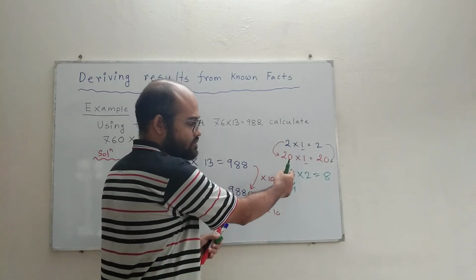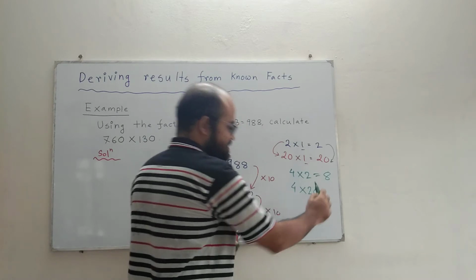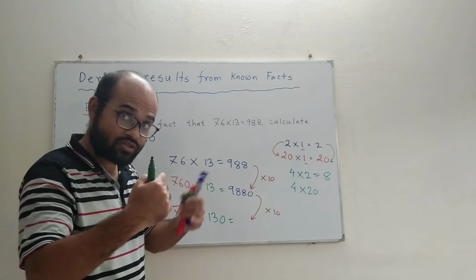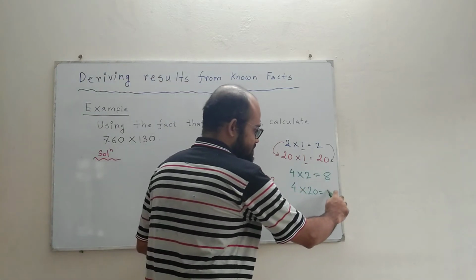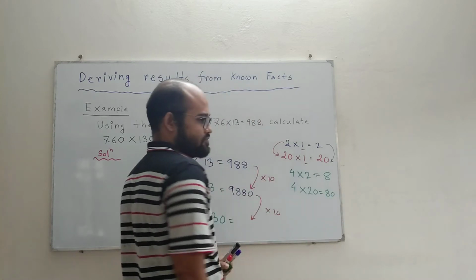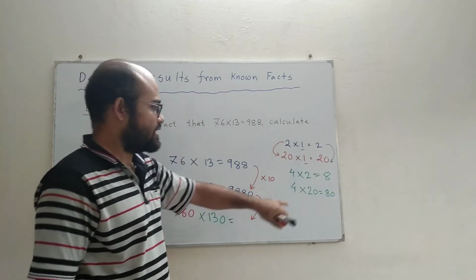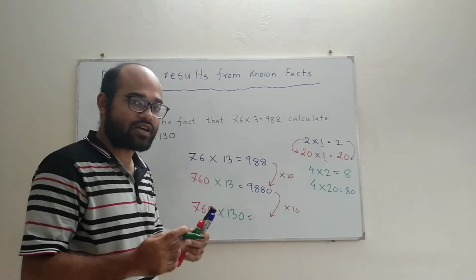That is, my multiplicand will stay 4, but I will increase the multiplier 10 times. If I increase the multiplier, that is 2, 10 times, what number do I get? I get 20. So 4 times 20, what does it give us? 80. So, just like in the case of multiplicand, increasing the multiplier 10 times increases our product 10 times.